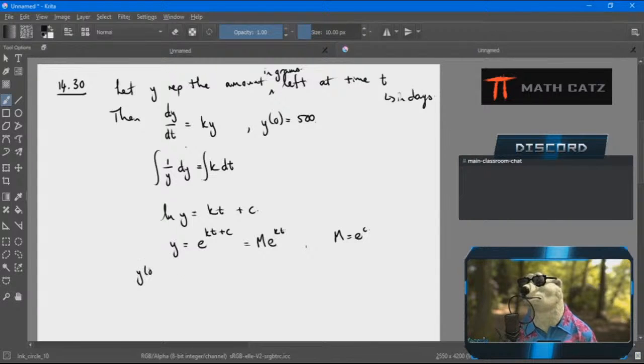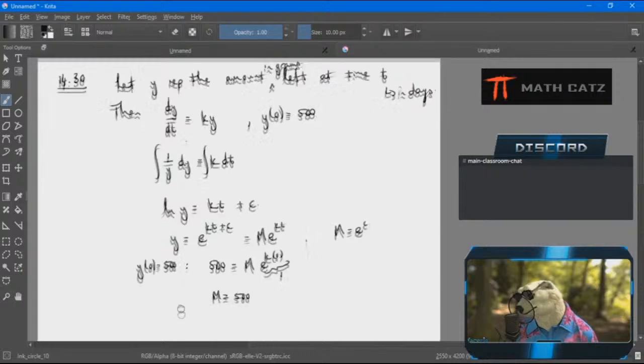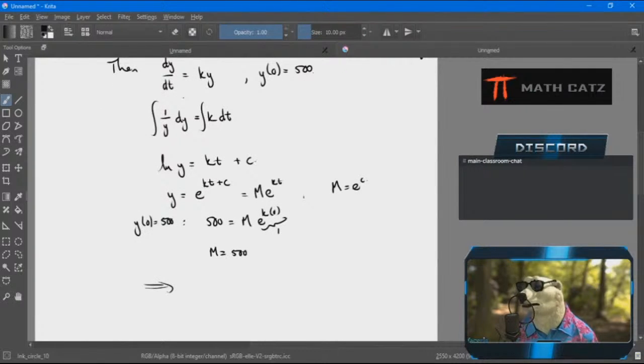Then I use my initial condition and plug in 500 for y. e to the k times 0 is 1, so m is 500, and therefore my function is 500 e to the kt, big surprise. We've seen this before, it's always the same if I start with the same differential equation, which I do.